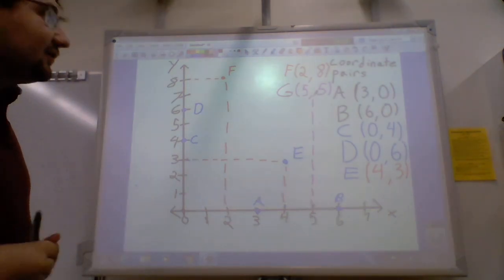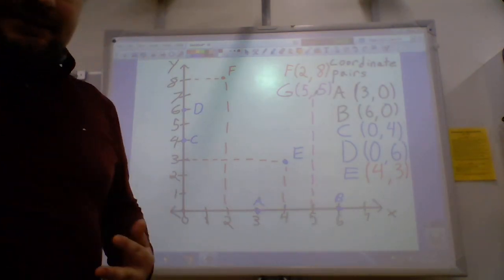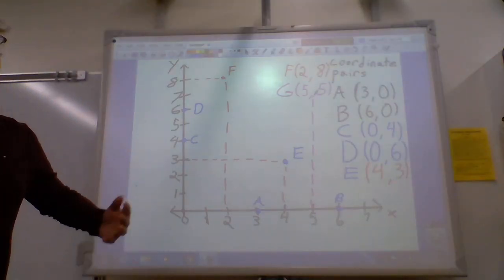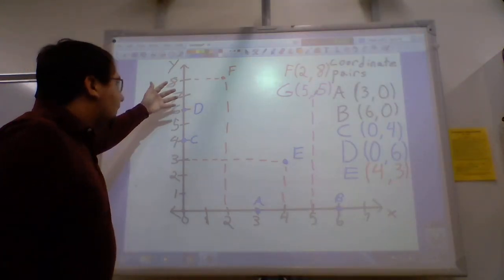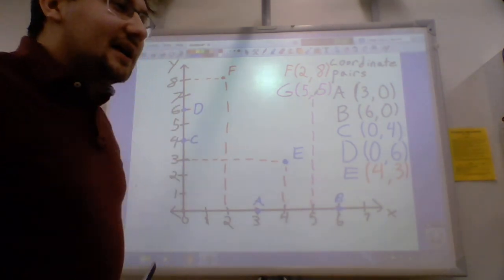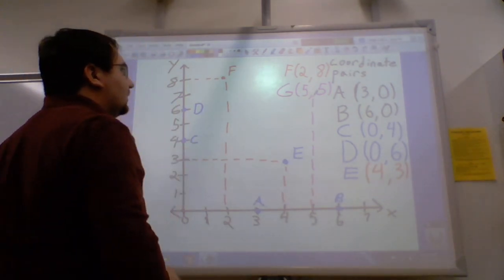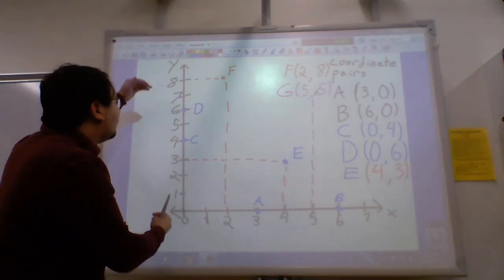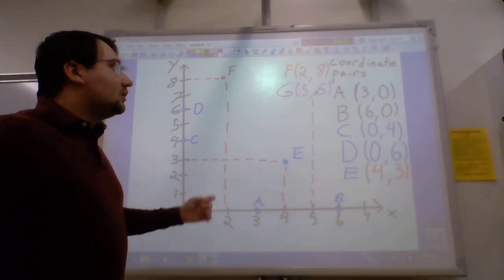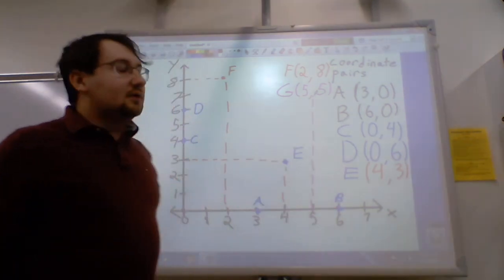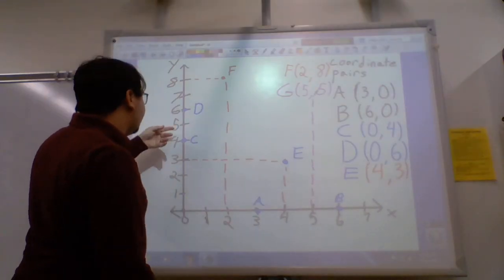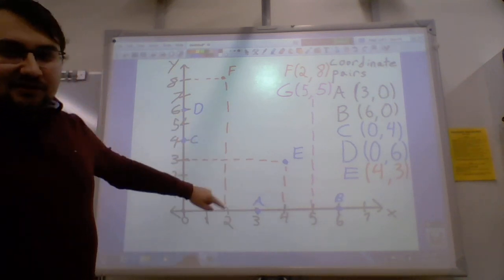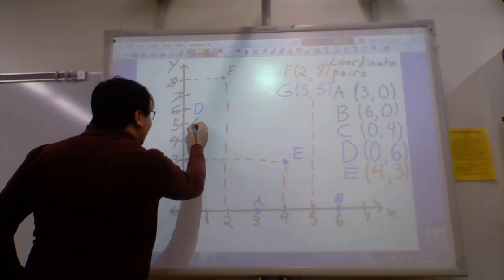Well, we're trying to still find out what G is. Well, what does that second 5 say? Oh, well, that second 5 on our line Y, that just means that the position, the coordinate of point G on line Y is also going to be 5. So that means, okay, we go over to 5. We can't just put it down right there. Again, we're going to do the exact same thing that we did on line X. Well, we're going to go this way.